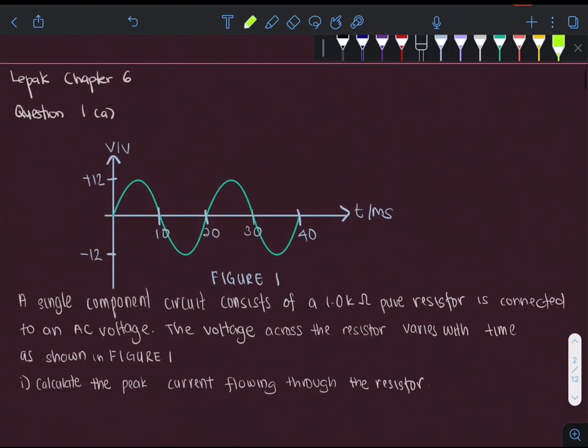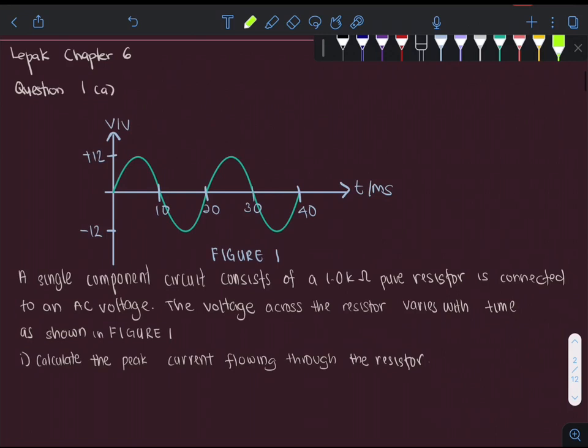Now we are going to answer the first question, which is the peak current. Based on what we have deduced earlier, V0 is equal to 12 volt, and the period is equal to 20 millisecond. These are the information we have from the graph, and in the question we have our resistor as 1 kilo ohm.